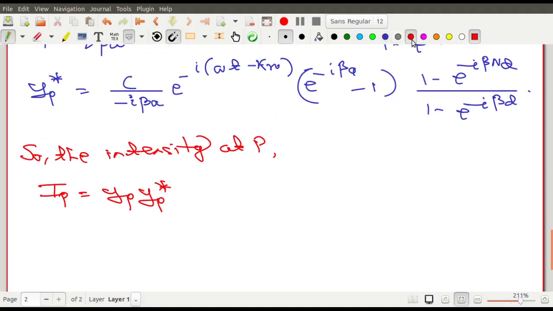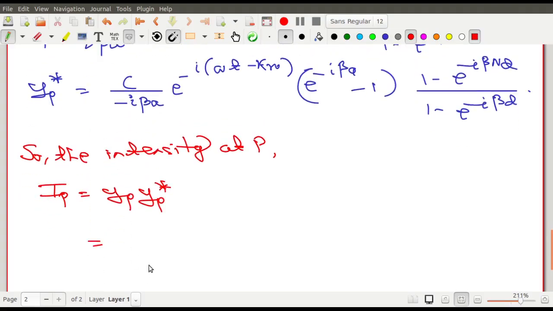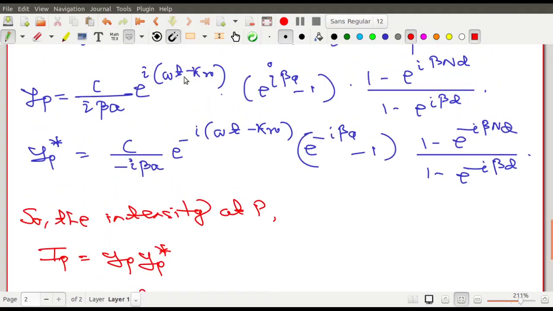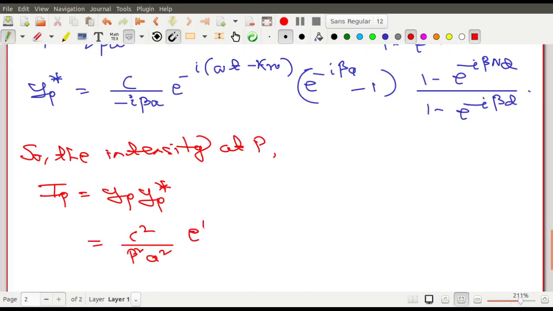So Yp star is given by c into c, that is c square by beta square a square, and then this exponential gets removed, this I and minus I also mutually cancel. And make pairs of these, the similar type of terms you make a pair of them, like e to the power I beta a minus 1 and e to the power minus I beta a minus 1.